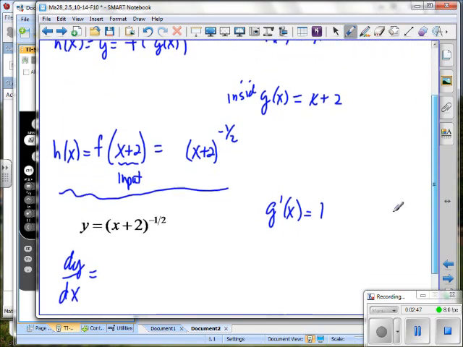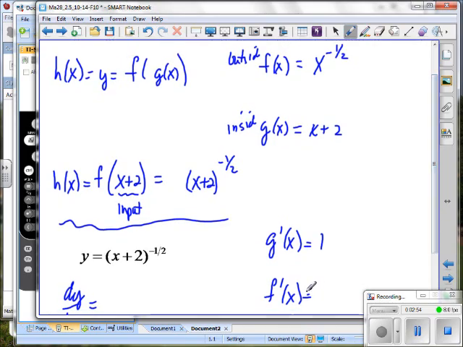It sits there by itself. Let's see, I'll go back up so we can see it. That would be negative 1/2 x to the negative 3/2. Good. Yeah, always subtract 1, remember, so I already have a negative 1/2. Okay.